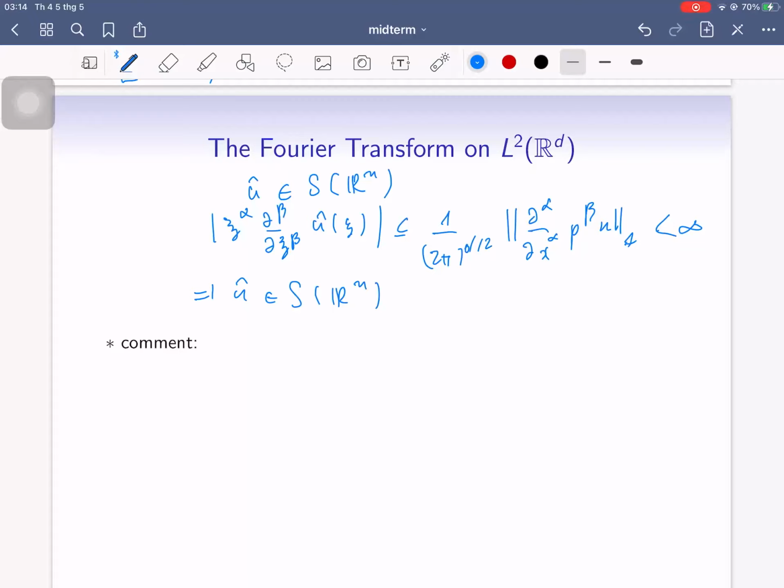Because the Fourier transform is linear, we only need to prove that it is continuous at 0.